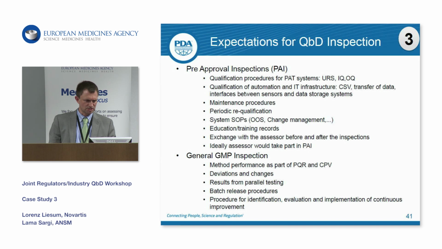For general GMP inspection, and now I'm near the end, sorry for talking so much, a very important topic for the routine GMP inspection, and this might be really tricky and not so easy for a GMP inspector on site, is to get an idea about the method performance of this PAT and quality by design elements.